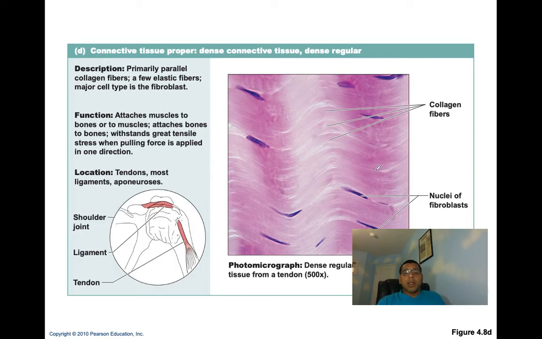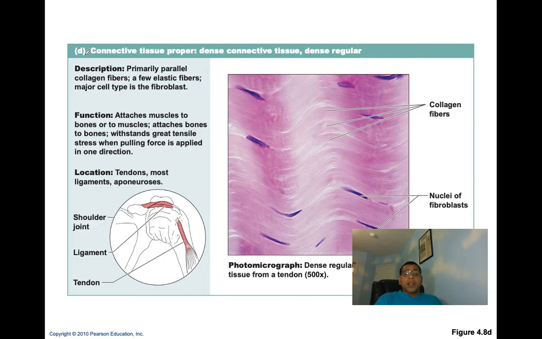So here you see all of these nicely arranged collagen fibers. And then here you can see fibroblast nuclei. And that space there is basically just this tissue being separated, and then you've got the backdrop there.